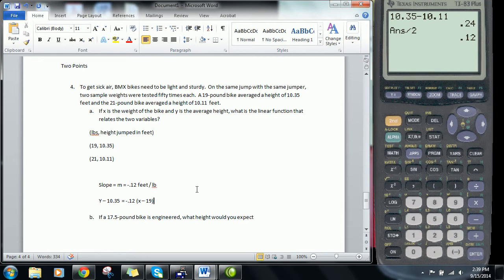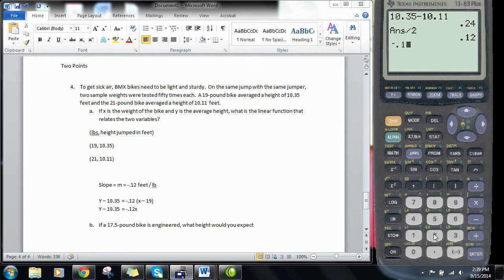But that said, most people don't like to keep it in that form. So I'm going to distribute the negative 0.12, and then continue to clean it up. Negative 0.12x. And then distribute again the negative 0.12 times negative 19. Of course, the 2 negatives make a positive, and I get 2.28 plus.